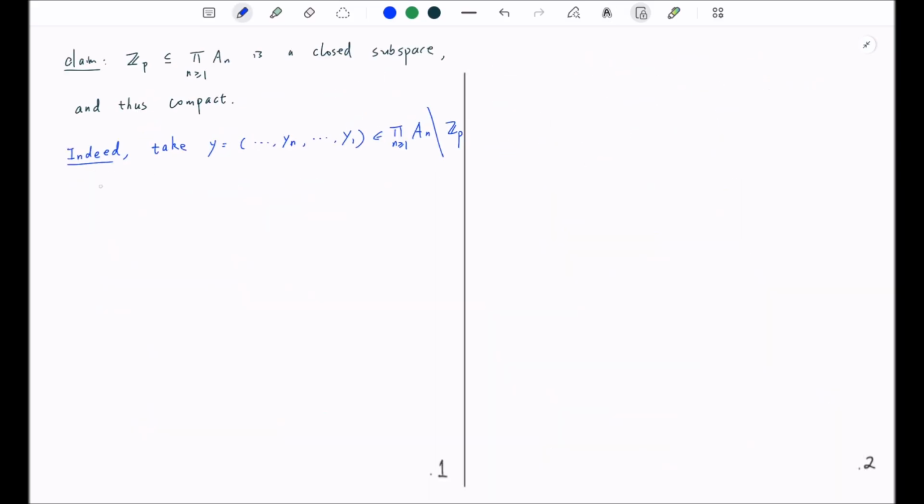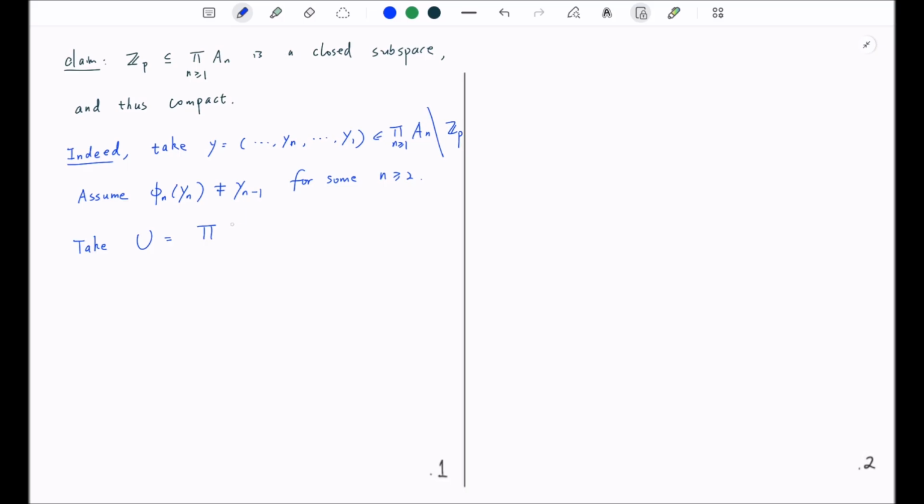So we may assume that phi sub n of y_n is not equal to y_{n-1} for some n bigger or equal to 2.